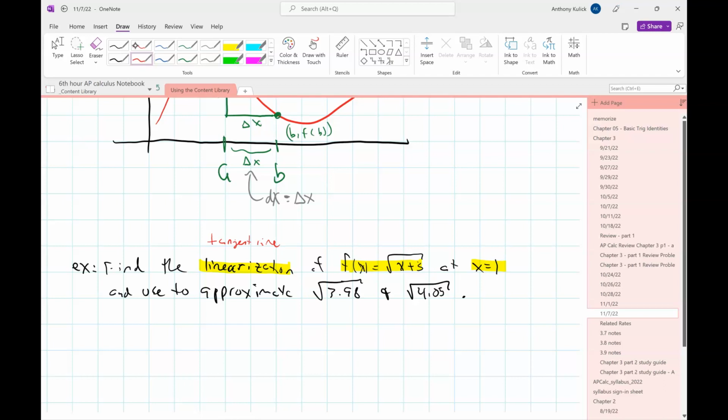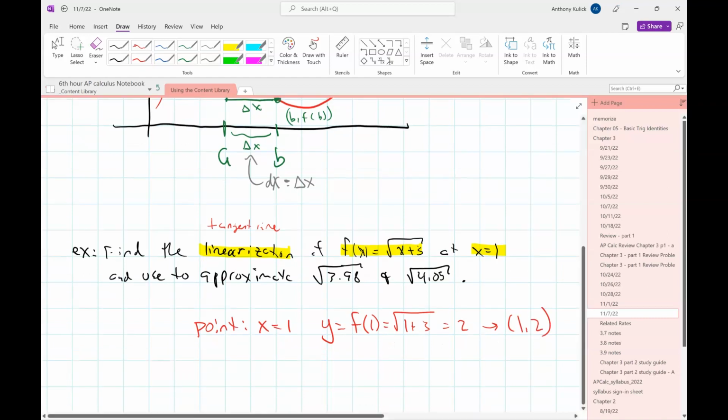We need slope and a point, right? So our point, we know, is at x equals 1. How do we find the y coordinate? Plug it into the f of x. Very good.